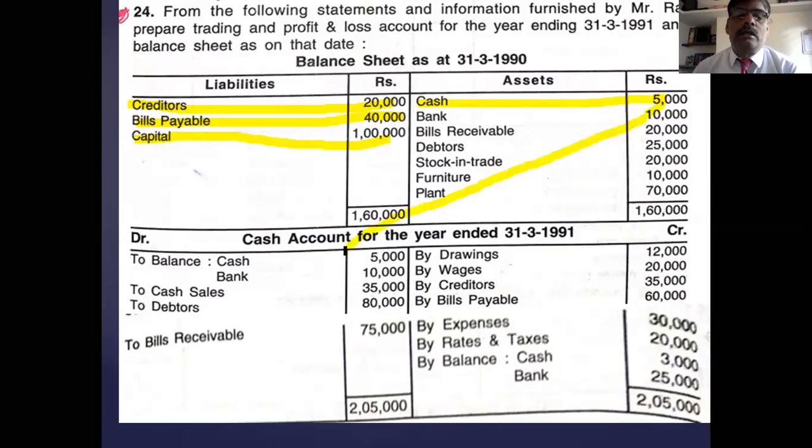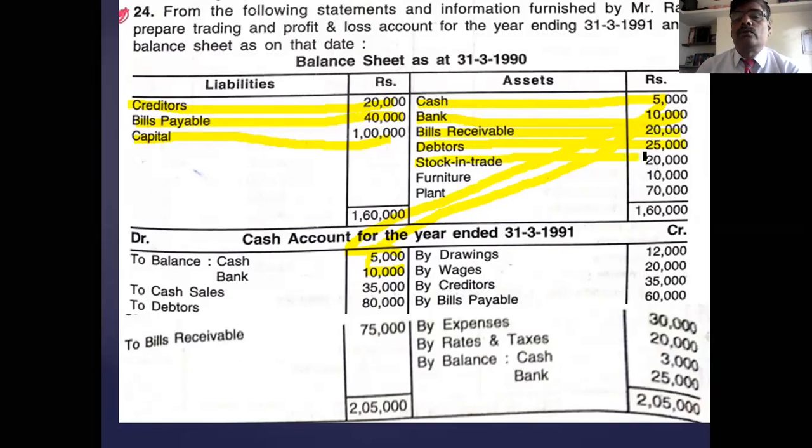It is already taken here. Then the opening bank balance goes to opening cash book. It is also taken in the cash book. The next is bills receivable goes to bills receivable account opening balance. Debtors goes to debtors account opening balance, to balance brought down.